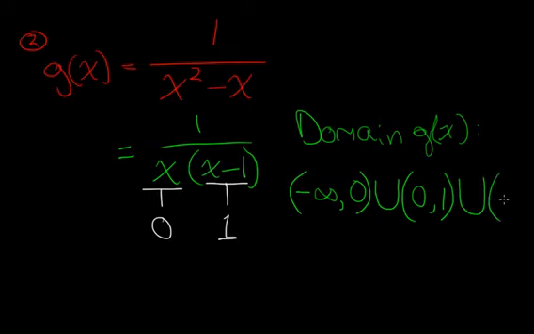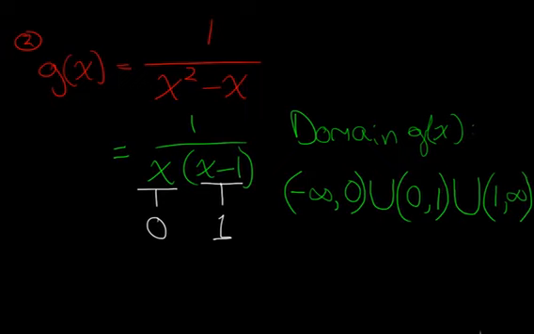Union, and then from 1 to infinity. So all the points in between here, plus all the points in between here, plus all the points in between here: if you plug them in, you get a good output, a unique output, and you don't get 0 in the denominator. That's basically what we want with the domain.